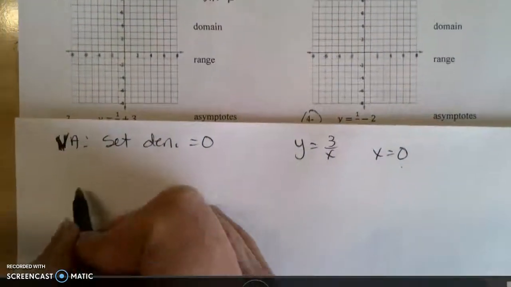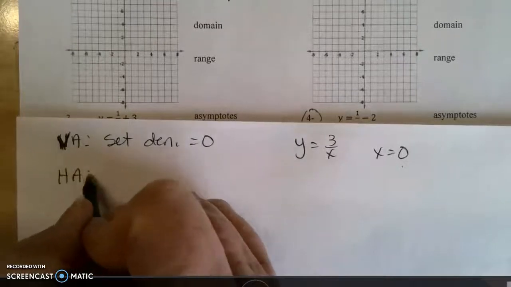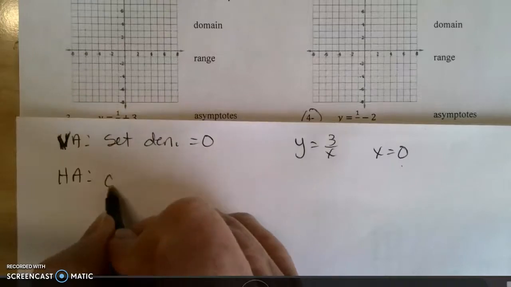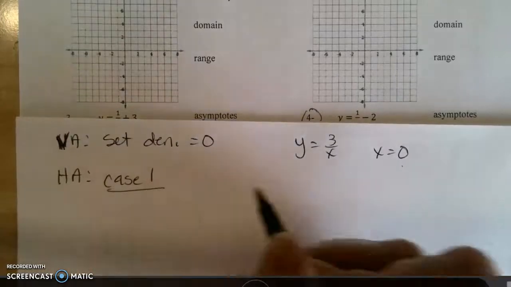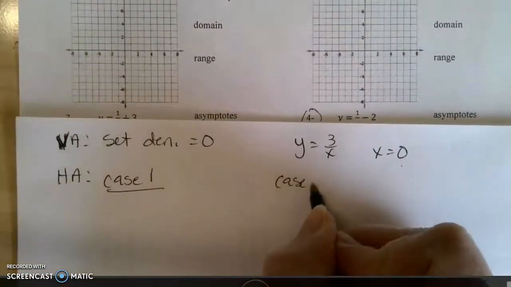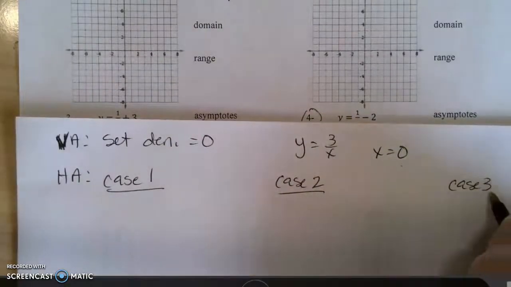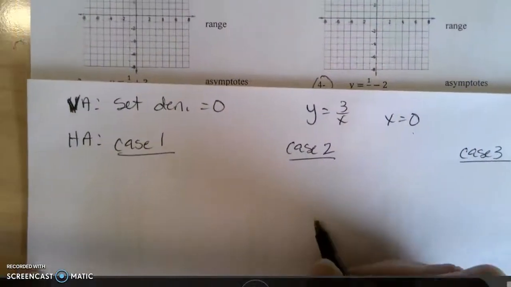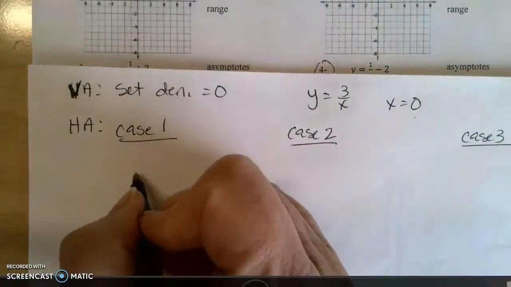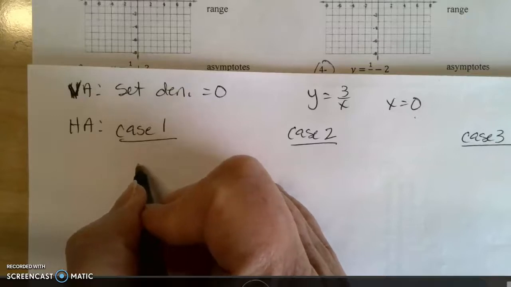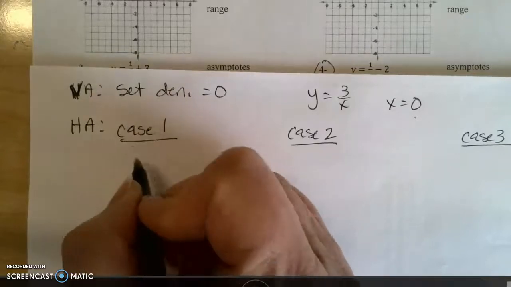To find my horizontal asymptote, I have three cases. If my denominator has a higher exponent, then I'm going to have case 1.